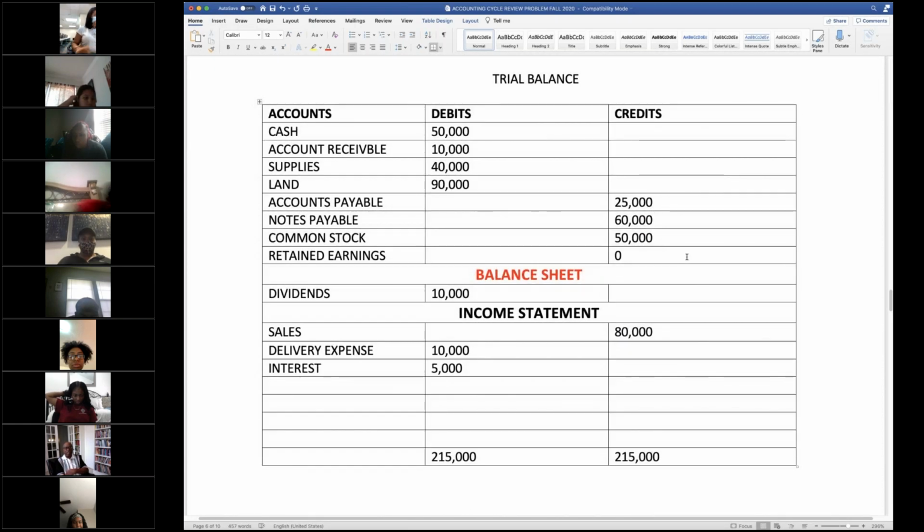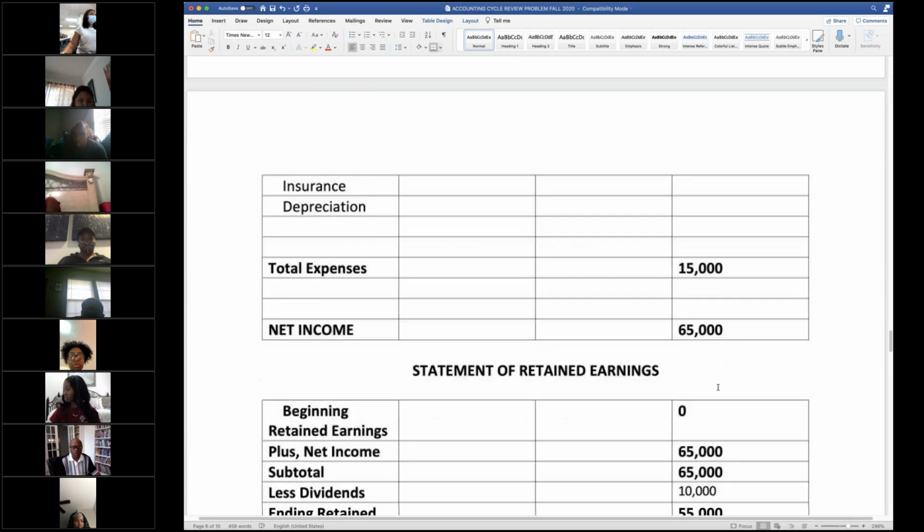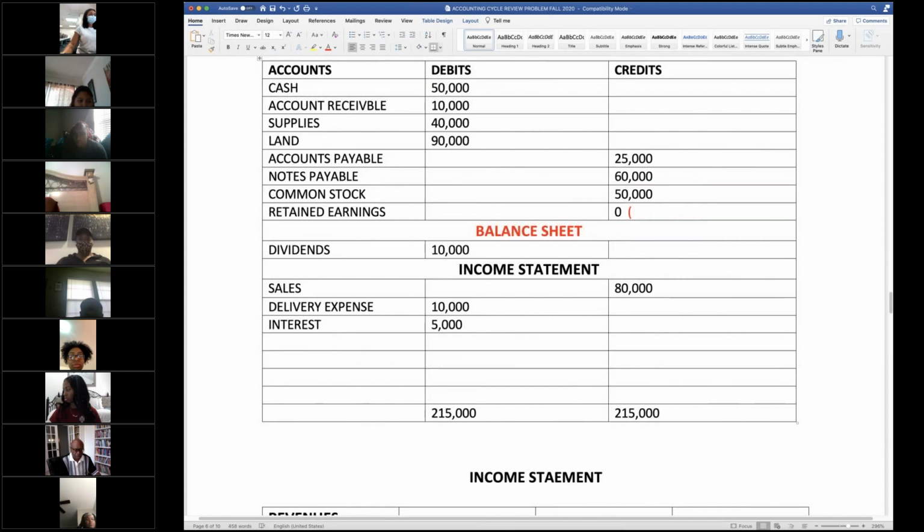So get ready to do a balance sheet with everything above the line, with one caveat. We're going to use our new retained earnings, so it's no longer zero, but it's what? 55,000. So when we get ready to do the balance sheet, we've got our new retained earnings.